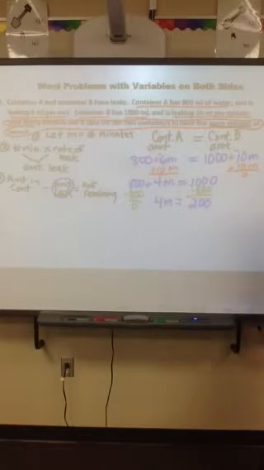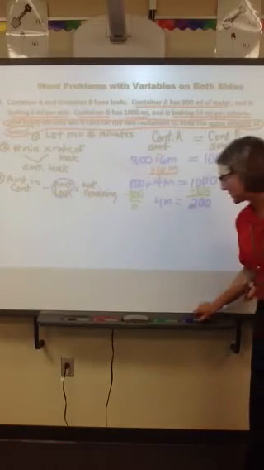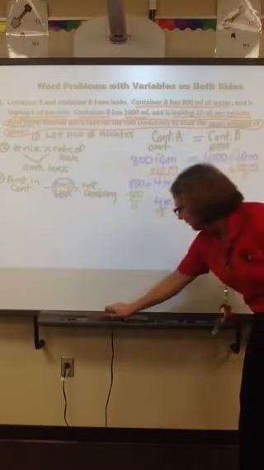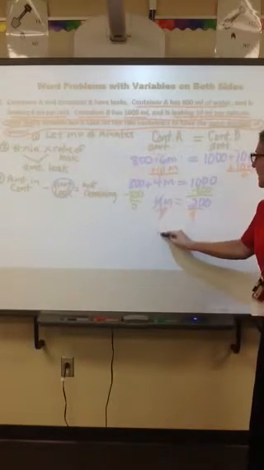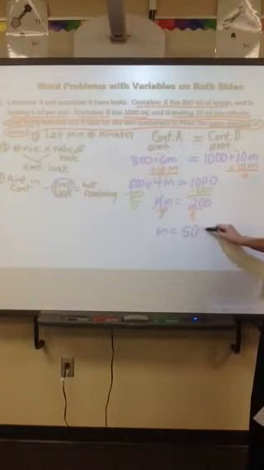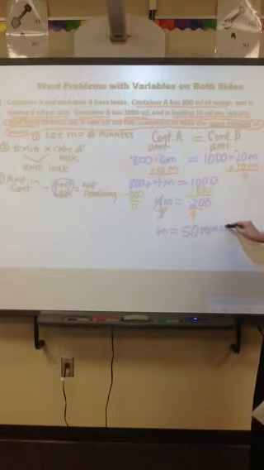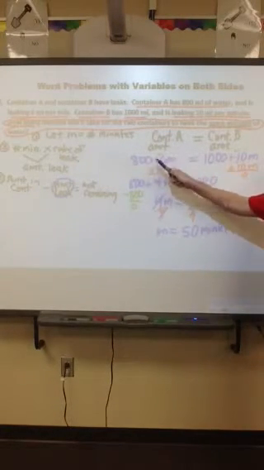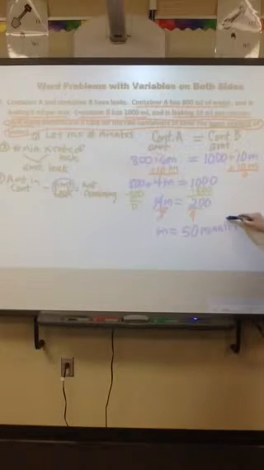So now all I have to do is divide both sides by 4. So the number of minutes M is going to equal 50. So 50 minutes is the number of minutes the leaks will have to occur to the point where they have the same amount of water in them.